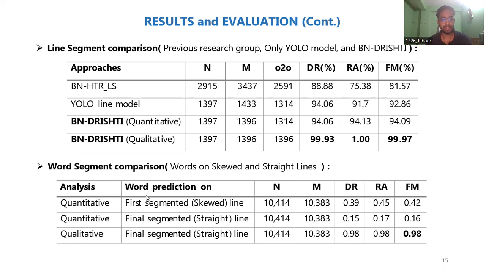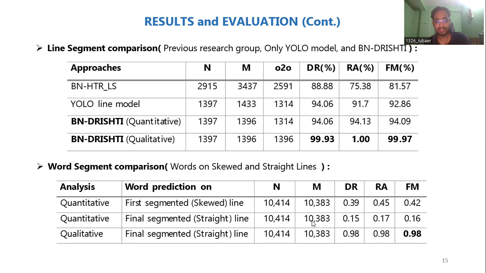For the word segmentation approach, we first did our word prediction on the first segmented lines, as the ground truth was annotated on the skewed lines, and we got metrics which are very poor. On the second row, we have compared the ground truth and the word prediction on the straightened lines, or our final segmented lines.